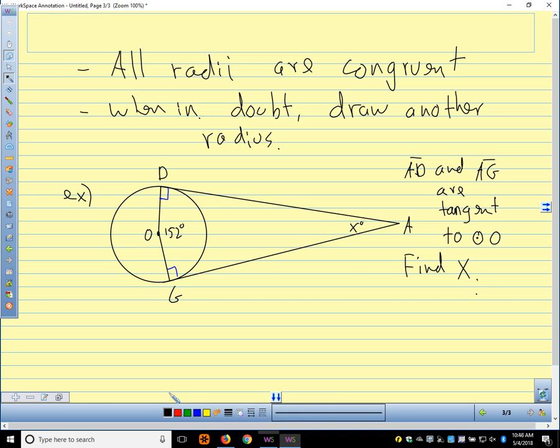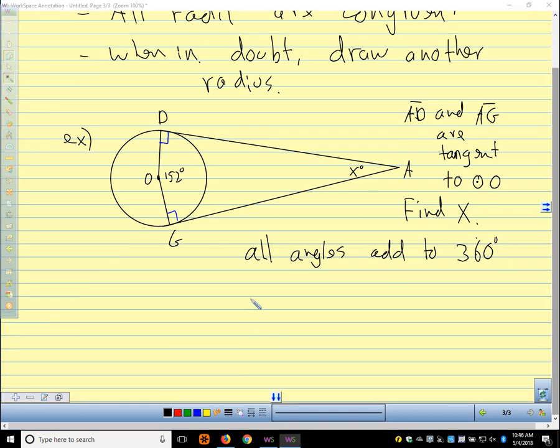What do all the angles in a four-sided shape add up to? 360. So I know that 90 plus 152 plus 90 plus x has to equal 360.